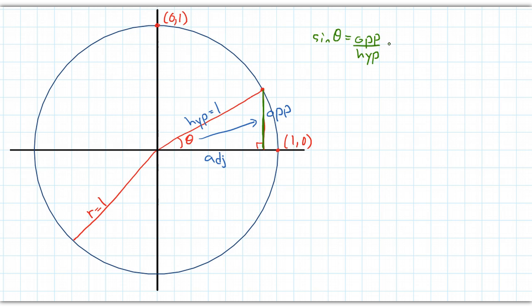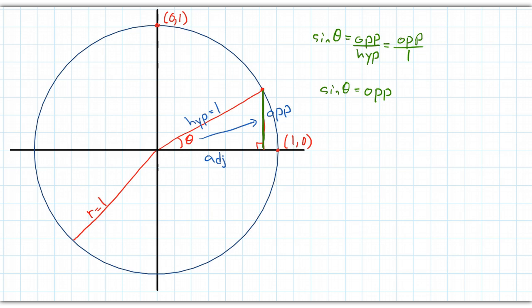And so we know the length of the hypotenuse will equal 1. So in other words, sine theta is simply going to equal the length of the opposite side of the triangle. So sine theta is just going to equal this length right here.